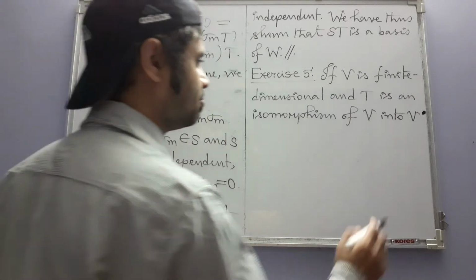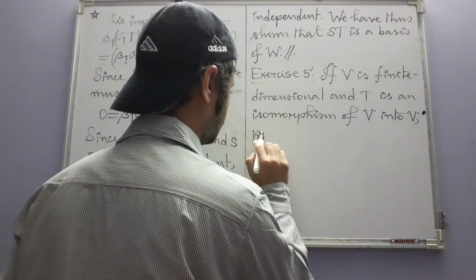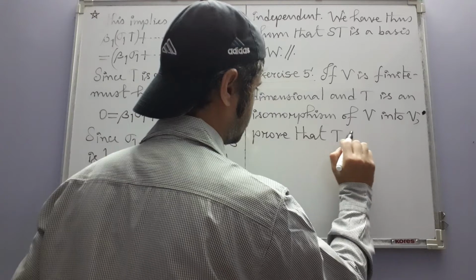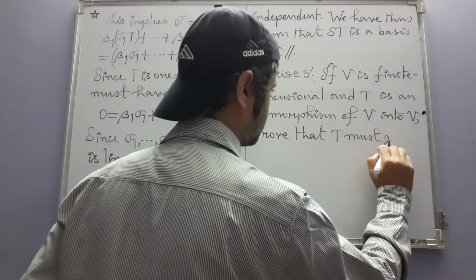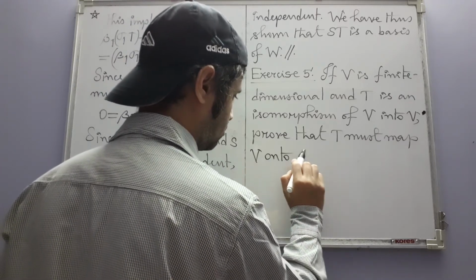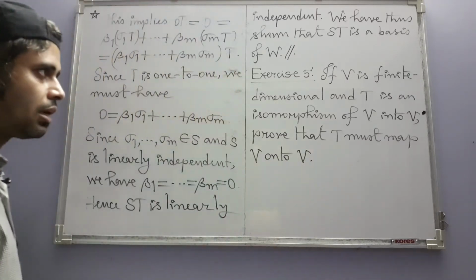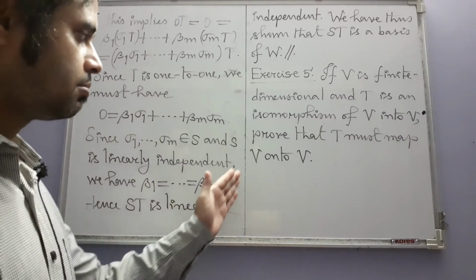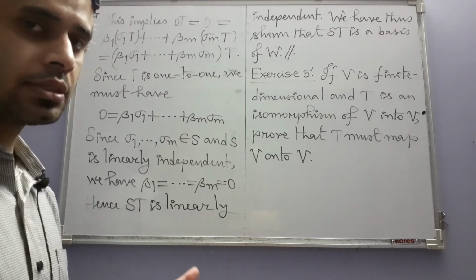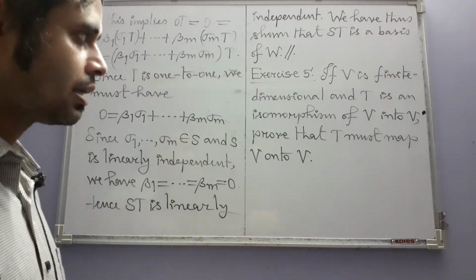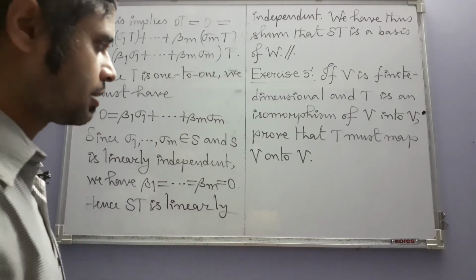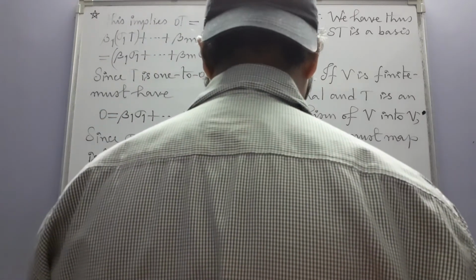Prove that T must map V onto V. So if you are dealing with homomorphisms from a vector space to itself, and the vector space is finite dimensional, then one-to-oneness implies onto-ness, and vice versa. That we will see in the next exercise, but let us first see this one.